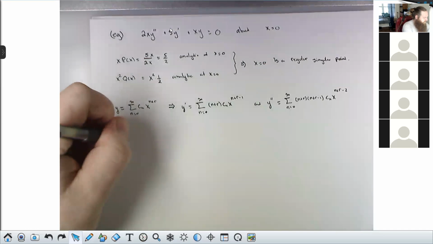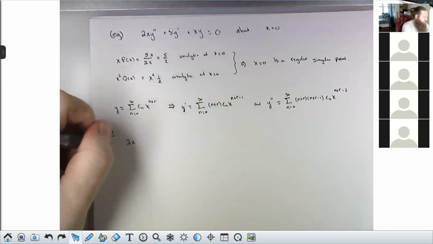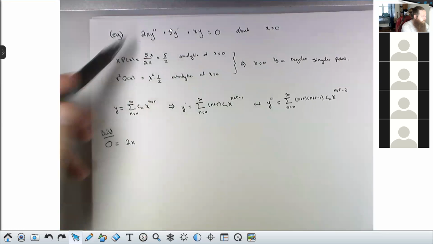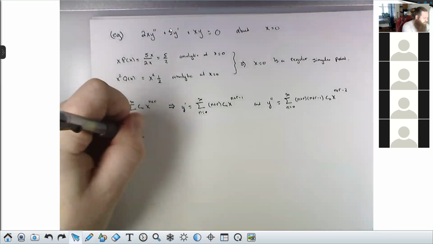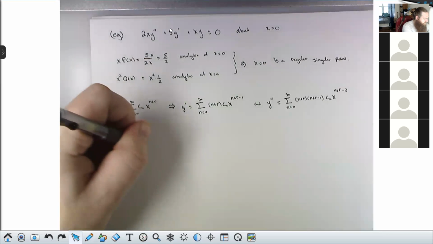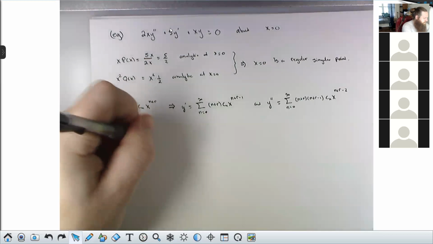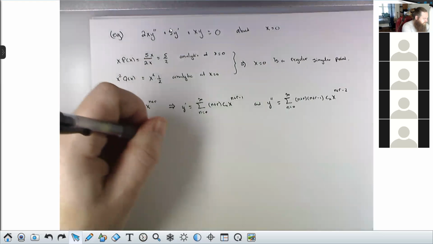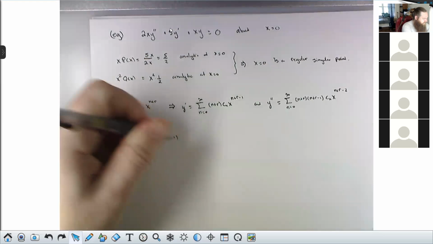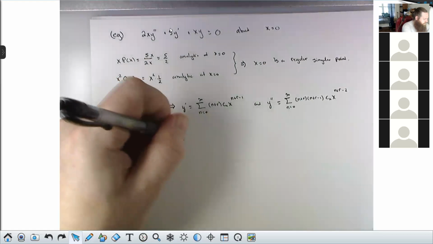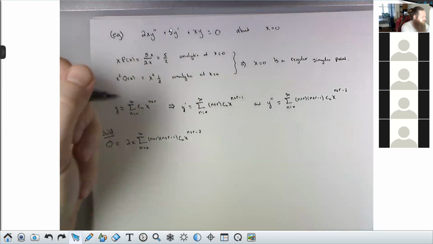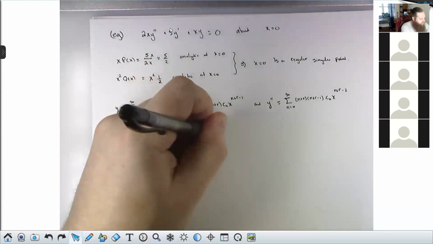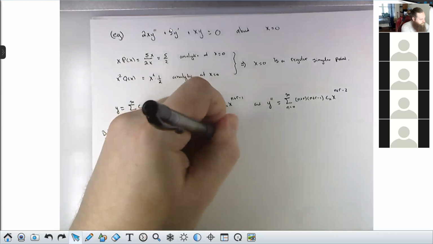I have 0 is equal to 2x times y double prime, which is this guy, plus 5 times y prime.